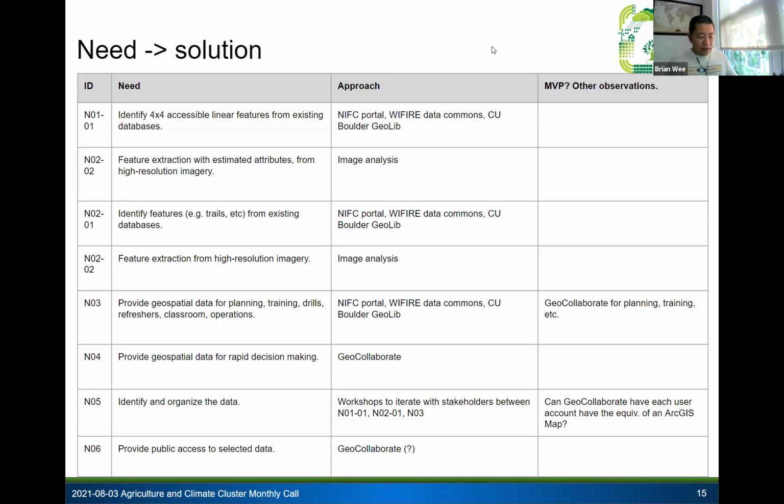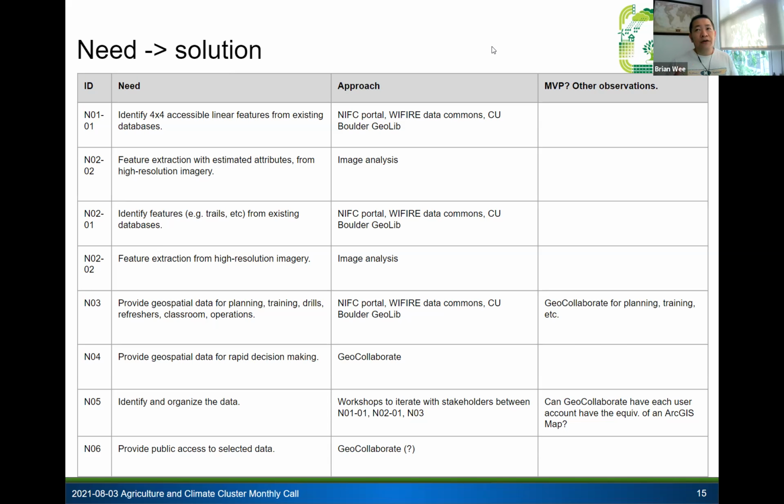Yeah, and maybe to transition between what Jessica had said and Dave Strode's demo of GeoCollaborate, one possibility to paint a picture of the transition is after a machine crunches through data pertaining to a current fire, you want that crunched data to be served publicly, potentially in a simplified form, or in a different form for the public than that used for decision analysis, as Jessica had pointed out.